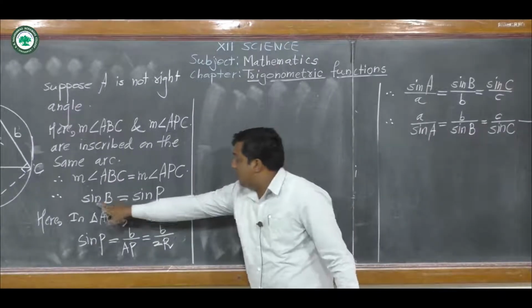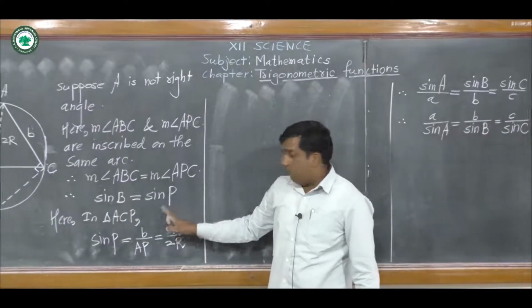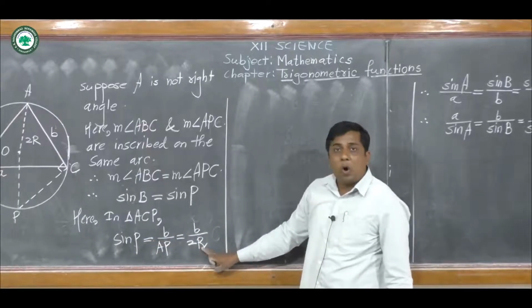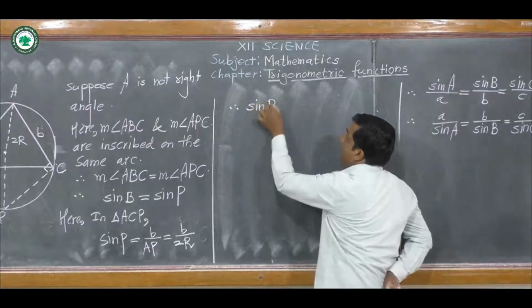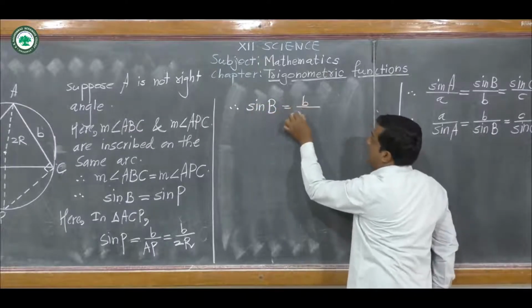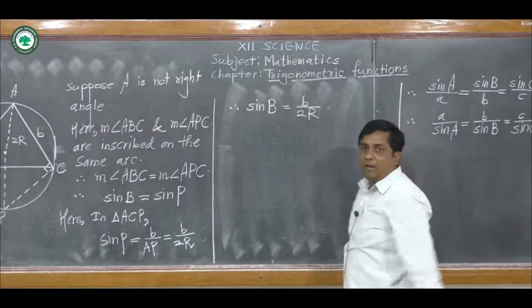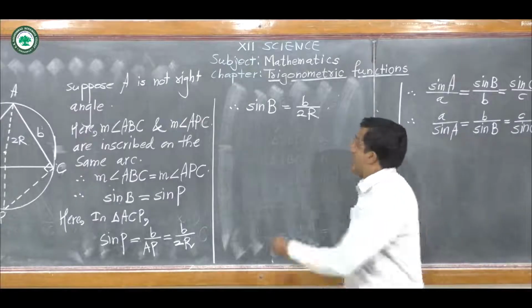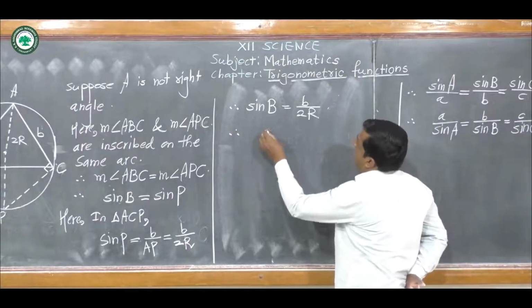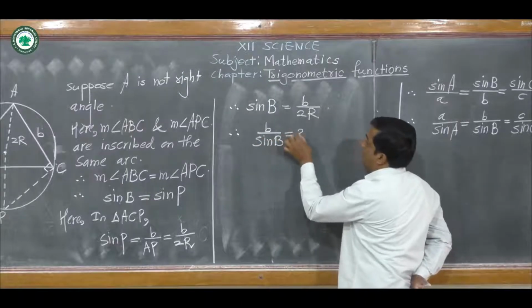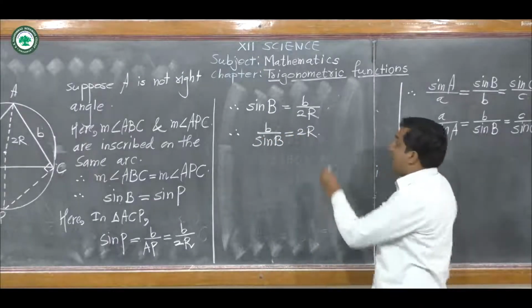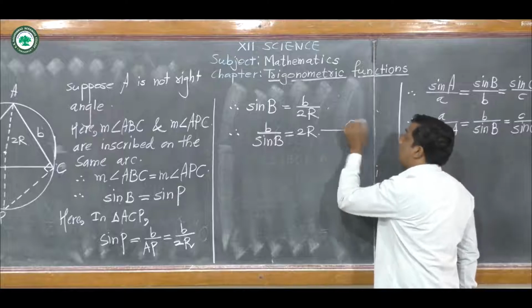Okay, now in the next step, we know sine B is equal to sine P, and we know this sine P is b upon twice R. So we get sine B is equal to b upon twice R. By using this relation, here I write b upon sine B is equal to twice R. Let's denote this as 2.